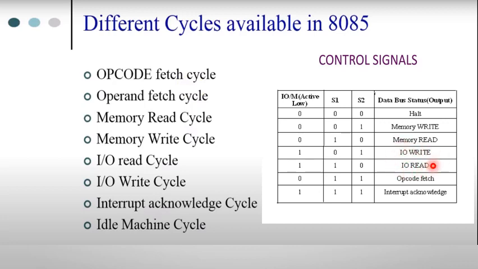If the microprocessor is doing any IO related operation, such as IO write, IO read, or interrupt acknowledge, it is IO related. The interrupt comes from an external device, so it is an input to the microprocessor. Or if the microprocessor wants to send something to an external device, that is an output.